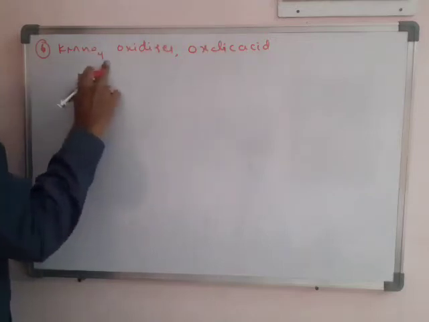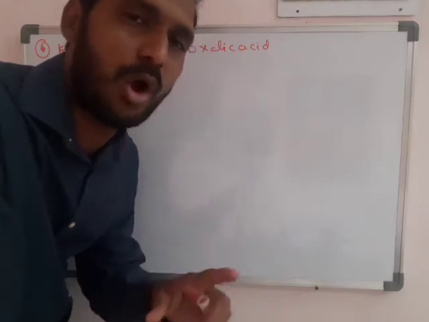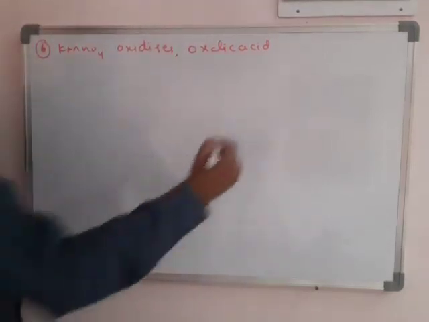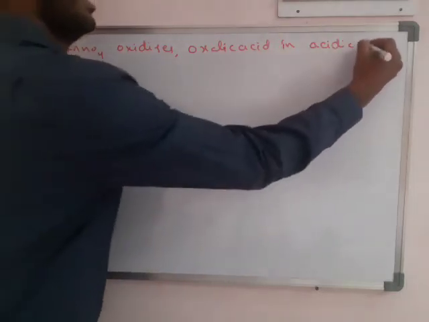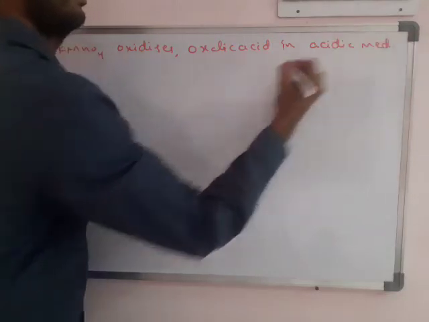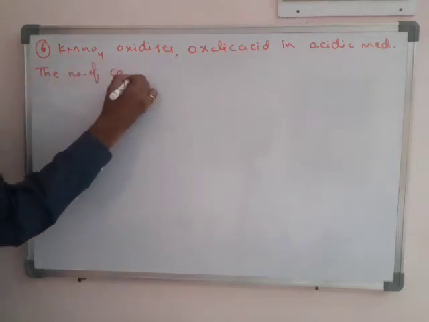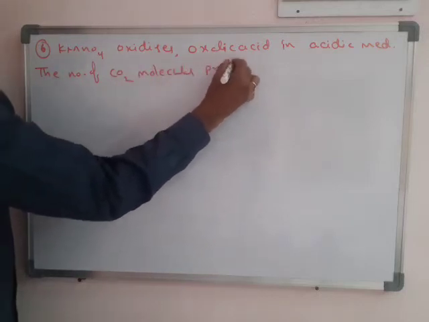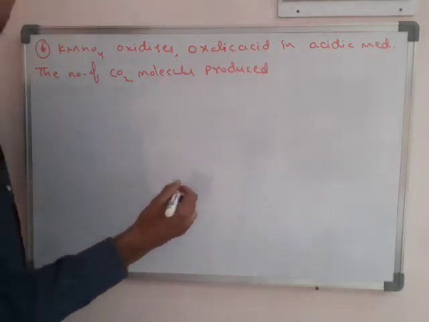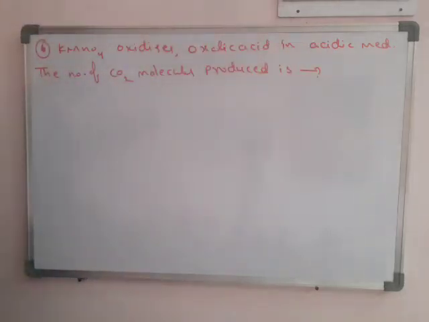Already we know potassium permanganate and potassium dichromate, these two are the best examples of oxidizing agents. They oxidize oxalic acid in acidic medium, and we have to find the number of CO2 molecules produced. The number of CO2 molecules produced is dash. Okay, so for this also we have to know the reaction.